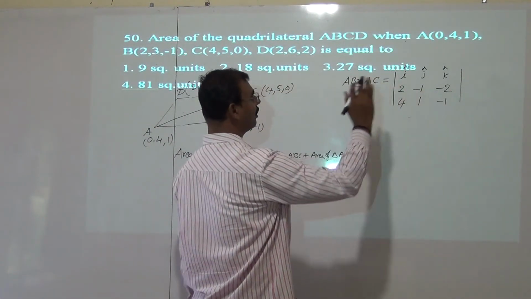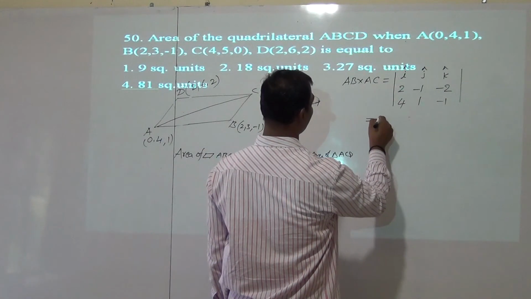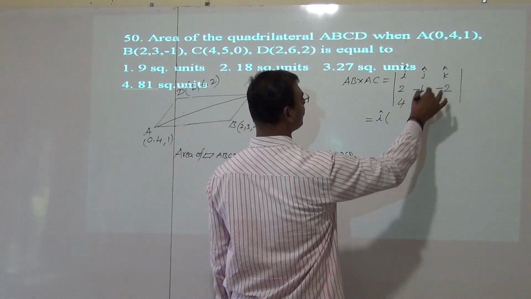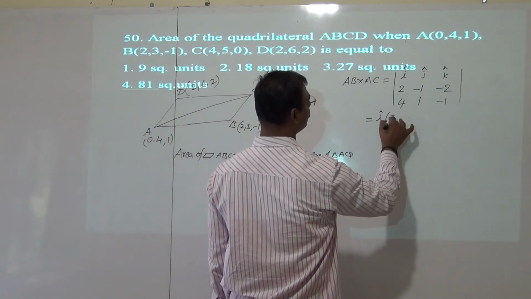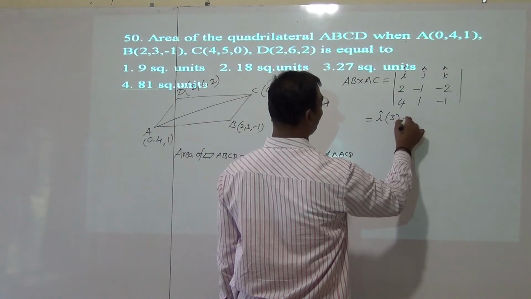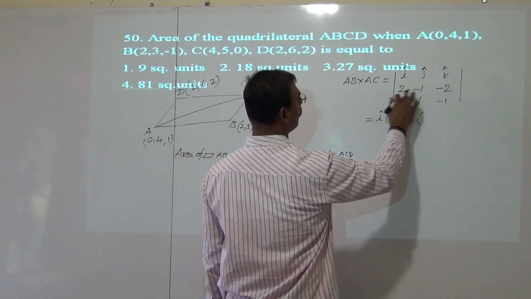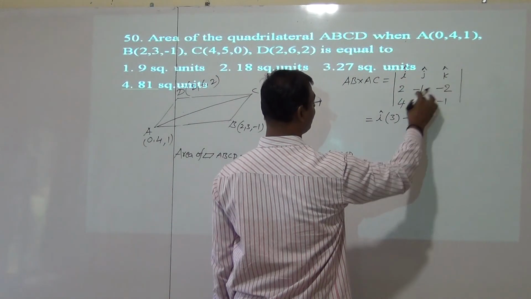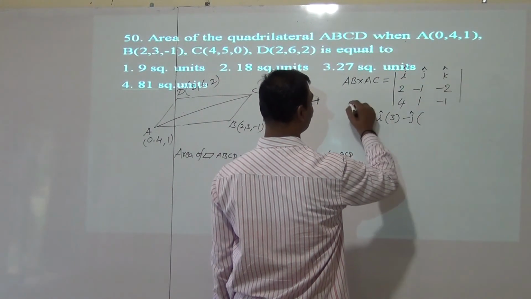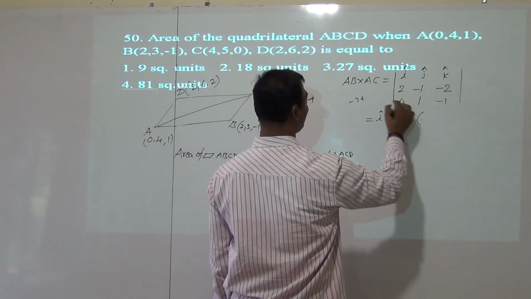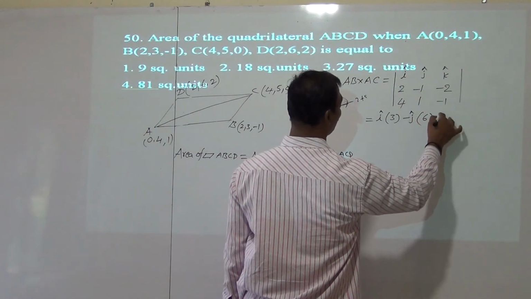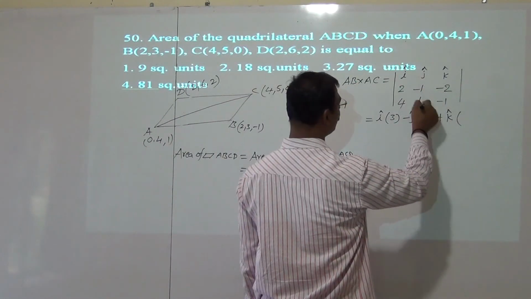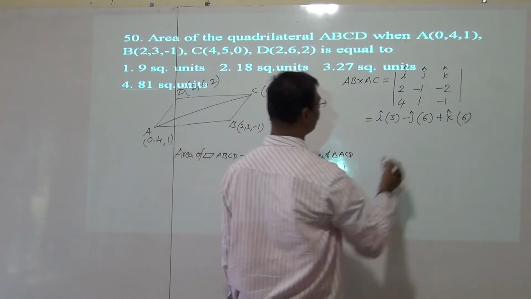So AB vector, AC vector, got it. This is equal to i cap into 1 plus 2, 3, minus j into minus 2 plus 4... that is 6, plus k into 8 minus 2, that is 6.